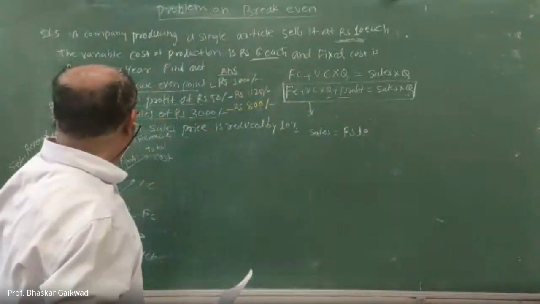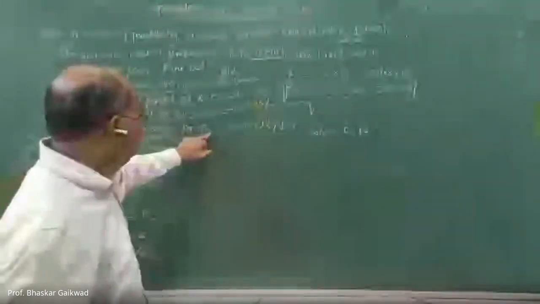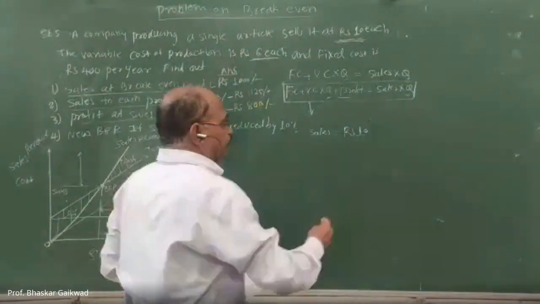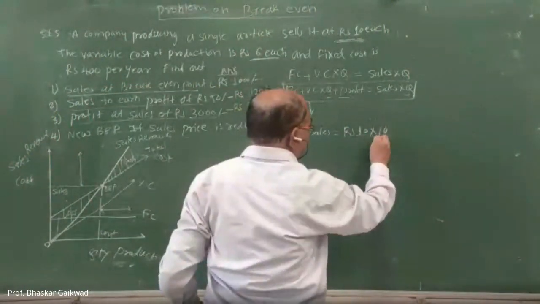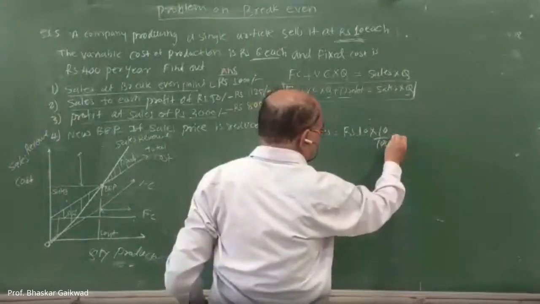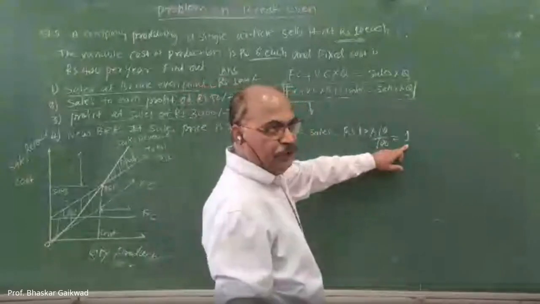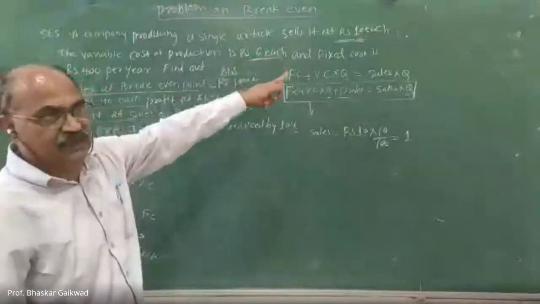Now, if the sale price is reduced by 10% of the original price, you have to multiply by 10%. So it will be 1. Means 1 rupee we have to reduce from this selling price.